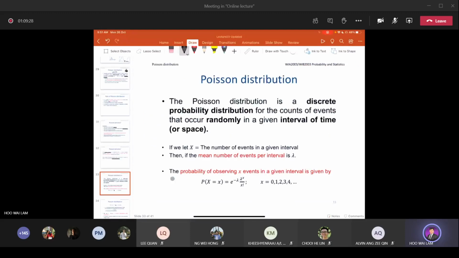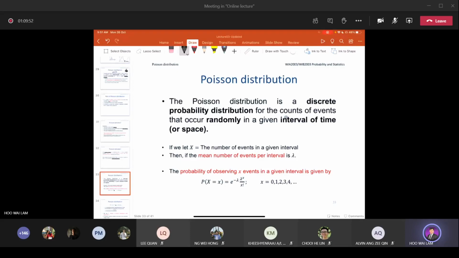Okay, now, after the theory, we move on to the calculations. The Poisson distribution is a discrete probability distribution for the counts of events that occur randomly in a given interval of time or space. All right, so after you have gone through a few slides, you can roughly capture this. We already mentioned why it is discrete, why it occurs randomly, again, random variable, and it's a given interval of time.